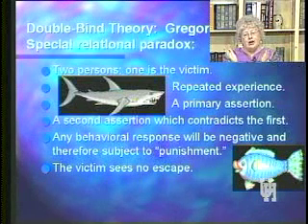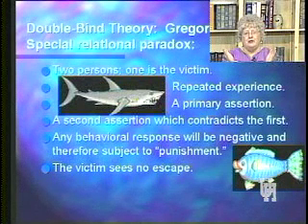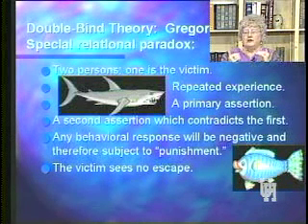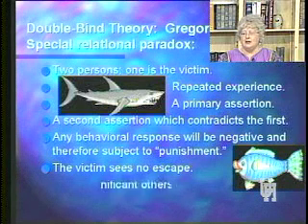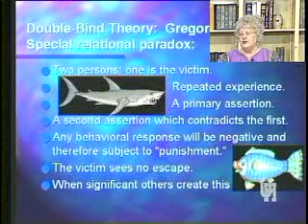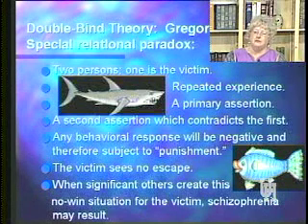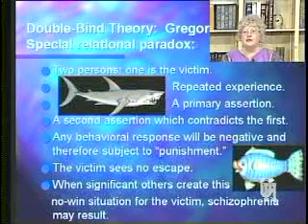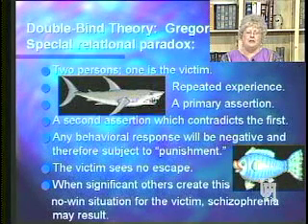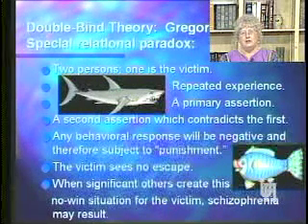Okay, but you get those contradictory messages between people that are valued to you, and that creates this double bind. And it's particularly difficult for children. And what Bateson discovered, he's a psychiatrist, is that when significant others create this kind of situation, this no-win situation for another person, more often for a child because they don't know how to get themselves out of the situation, then schizophrenia may result.